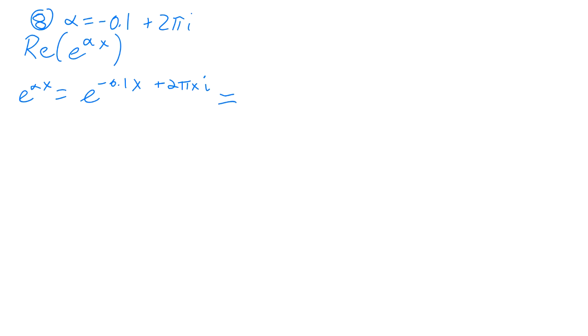This looks like a complex part, this looks like a real part. And again, the beauty of exponents is we can do things like this. We know that a sum in the exponent is the same as a product of the exponentials.